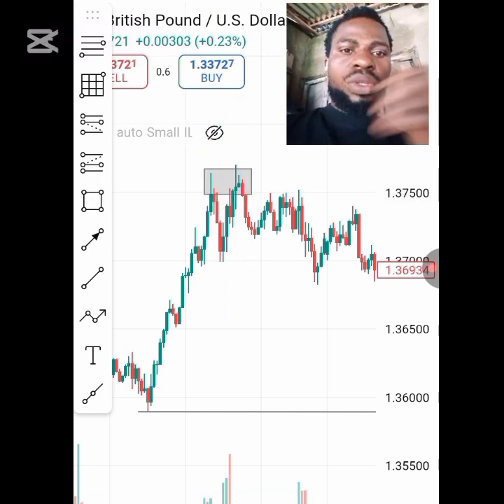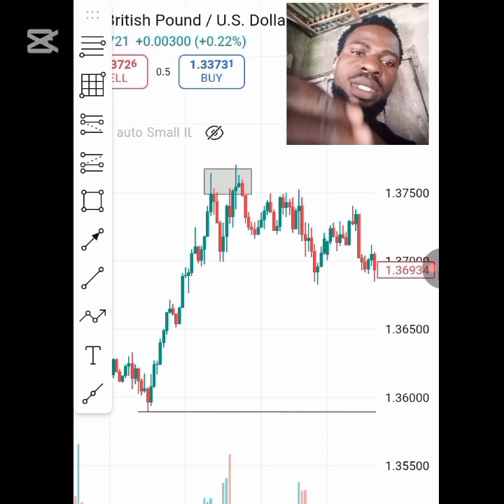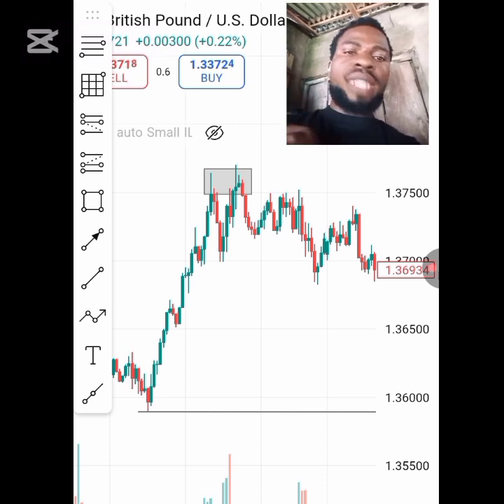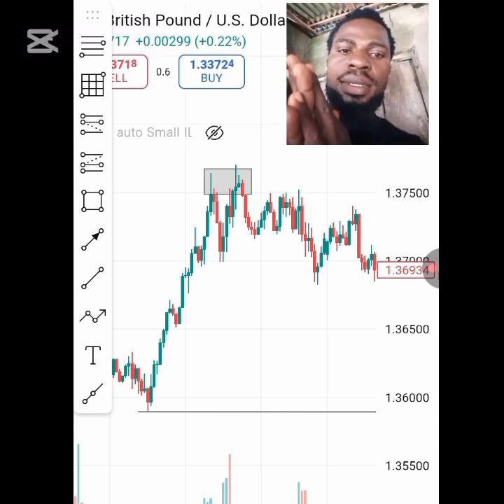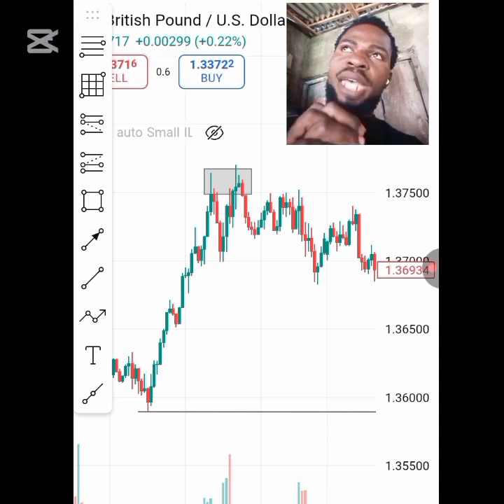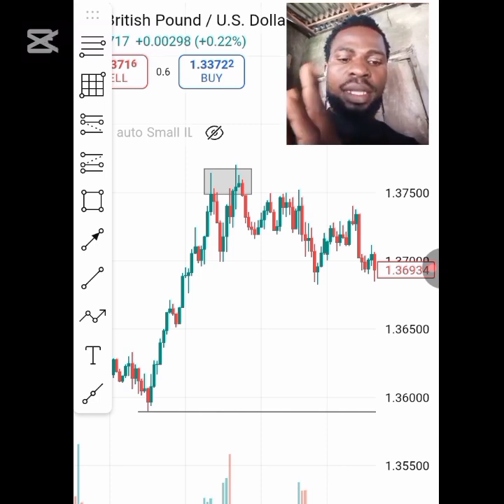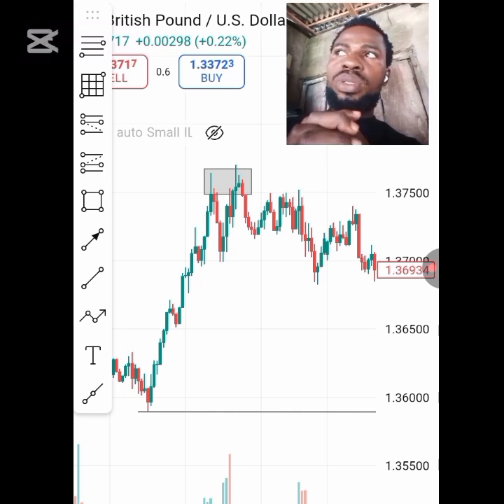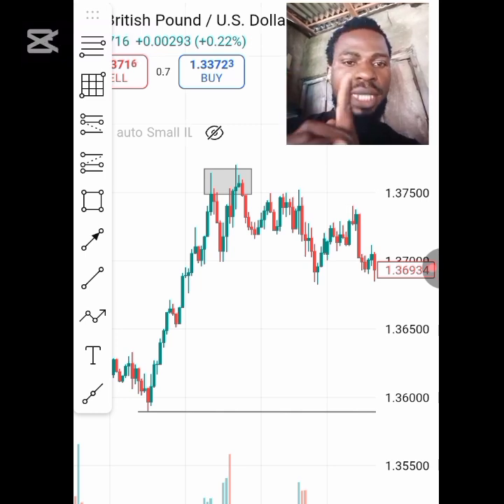Whenever you are buying and you spot this kind of thing, just know that it's time to sell. Like the trend has ended. Understand? So if you are buying, you stop buying. And now what you need to do is to start selling.